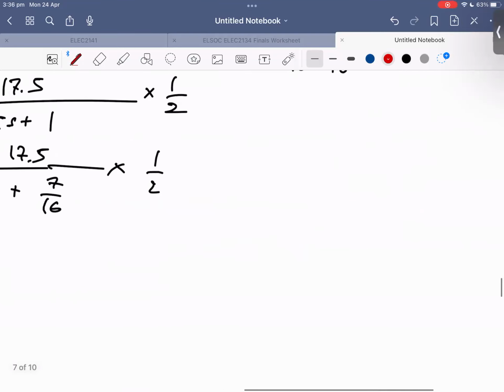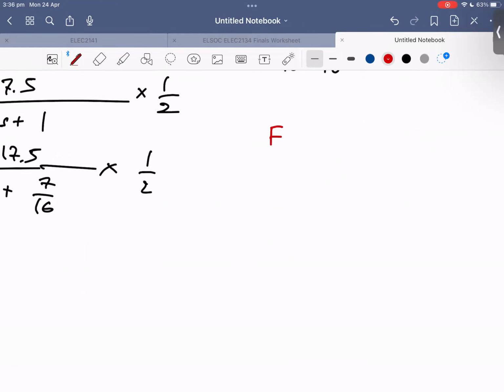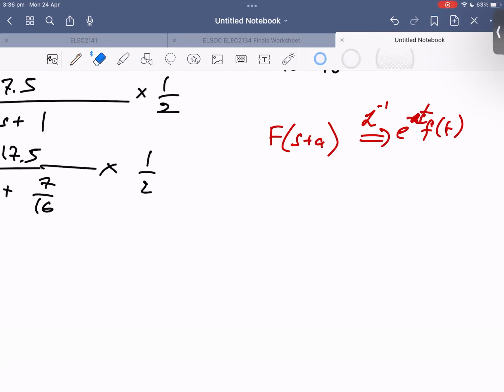If I have f of s plus a, that's equivalent to, if you Laplace transform that, f of t, but with an exponential e to the minus at.